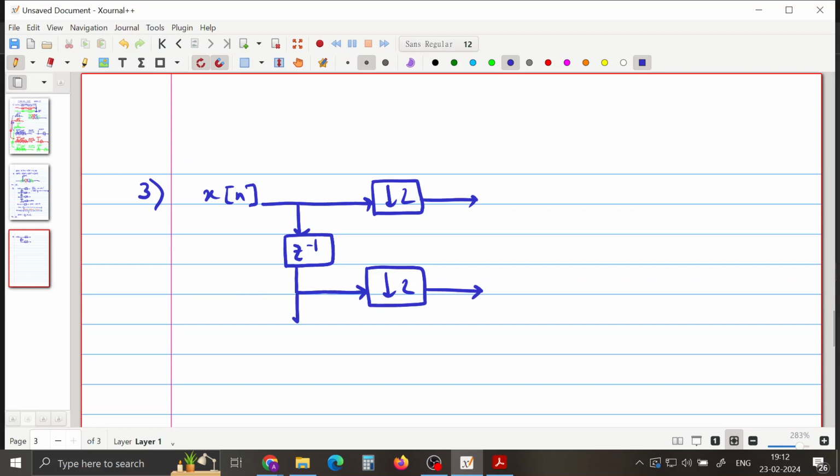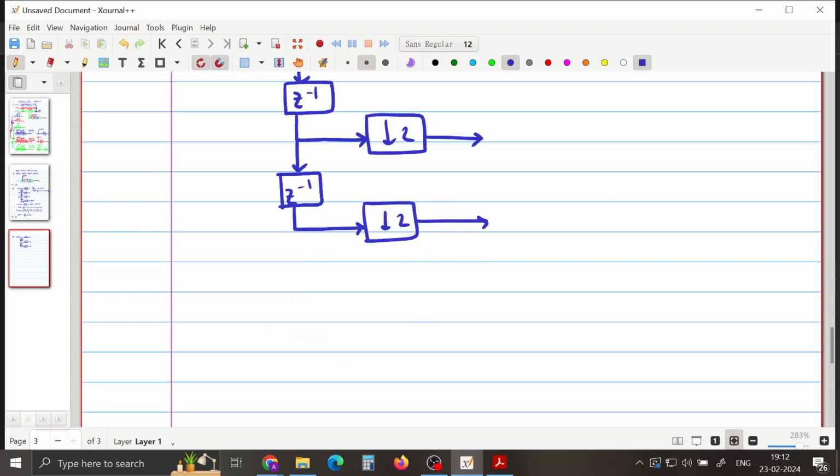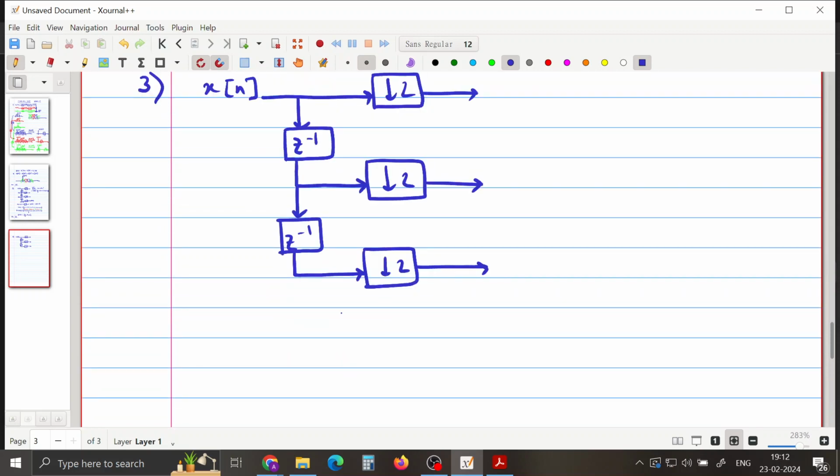And then I have another delay block, another downsampler. So yeah, that's the complete structure. And this is what my output is. I'm getting y of n here.